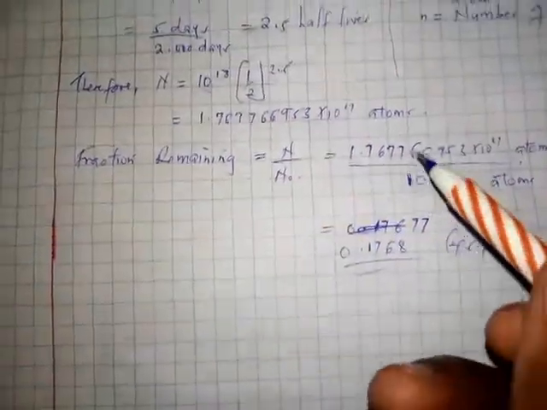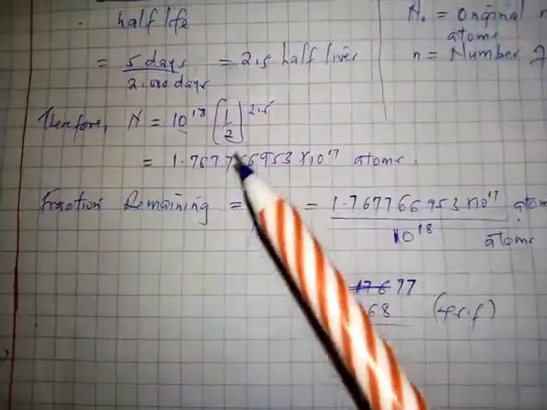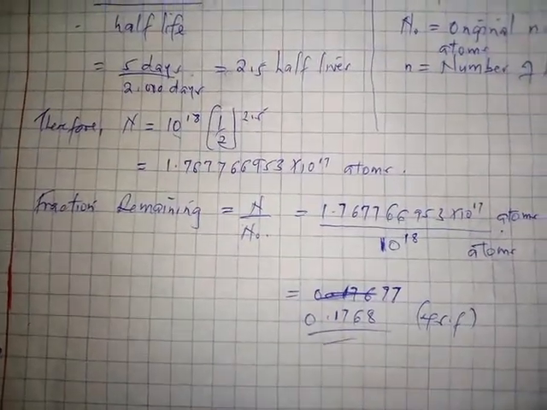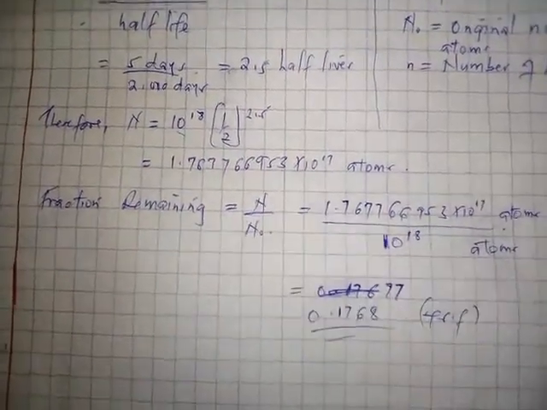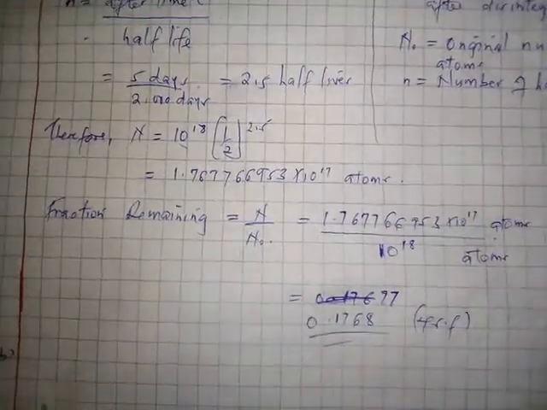Section B, the activity of the sample after 5 days.